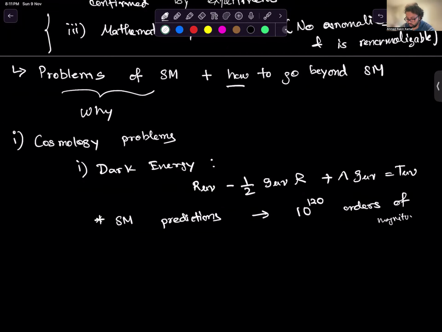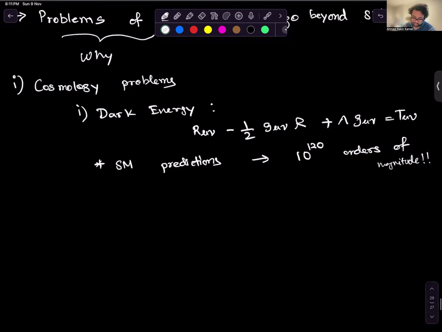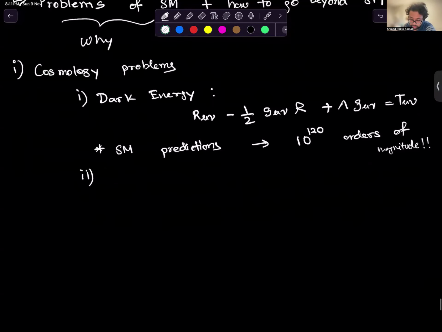That is a huge mismatch between theory and experiment. So it really fails when we apply the naive, vanilla standard model to explaining dark energy, which is around 70% of all matter and energy content in the universe and is probably driving its expansion. That is a big issue of the standard model.